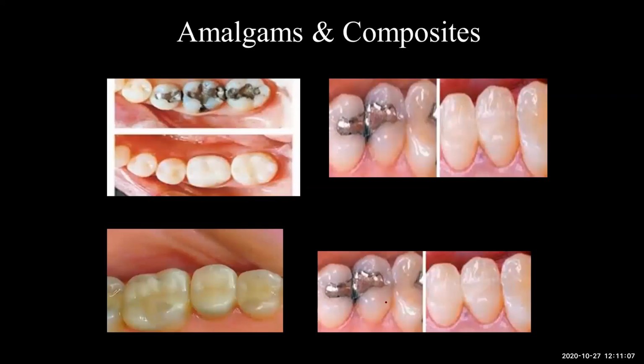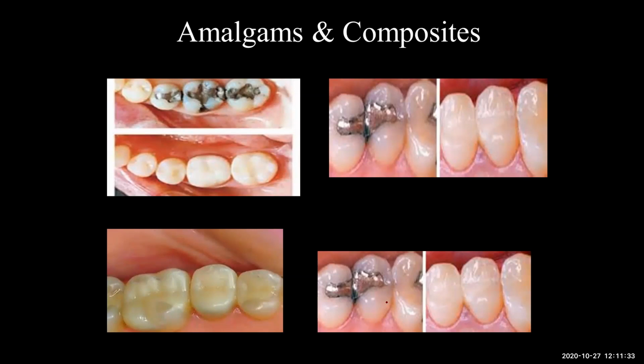So amalgam restorations are the old-fashioned silver filling restorations or fillings. We call them fillings because you're filling a hole. We also call them restorations because we're trying to restore the tooth back to its original form and function. So depending on your office, it's either a filling or a restoration.